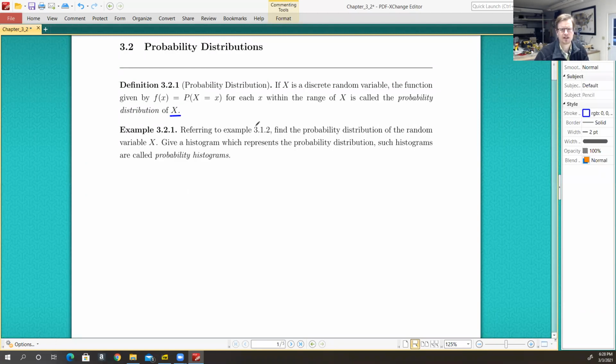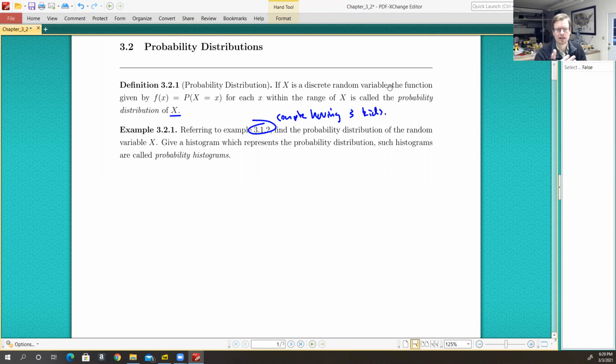So referring back to example 3.1.2, that is the couple that is having 3 kids. We said that we wanted the random variable x to represent the number of girls that the couple has, and of course that random variable could take on the values 0, 1, 2, or 3 because they're having 3 kids.